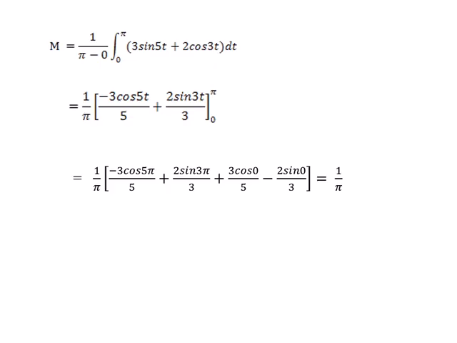We substitute where we see y, 3 sin 5t plus 2 cos 3t dt. Then the interval is from 0 to pi. Then you integrate, and we have our answer equal to 1 all over pi. So that is that.